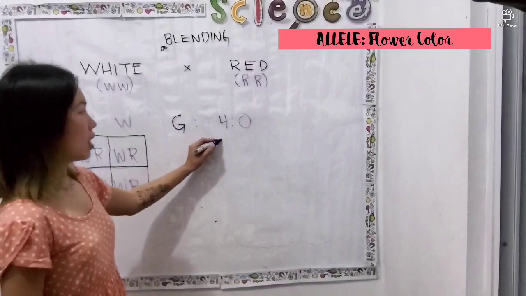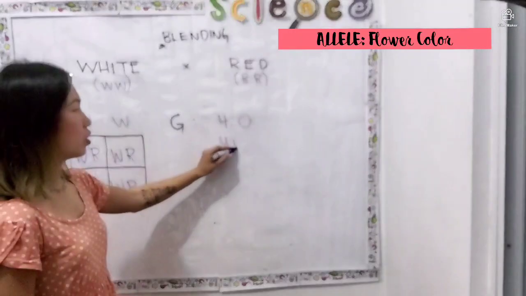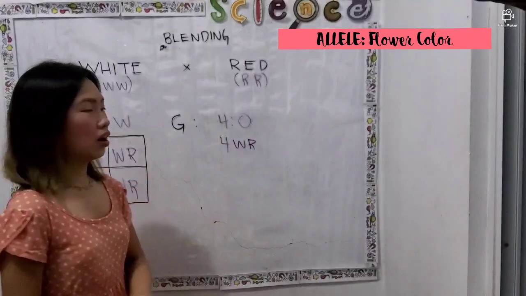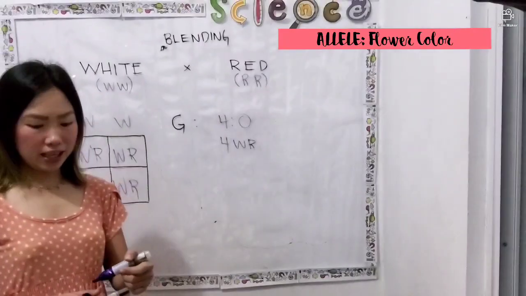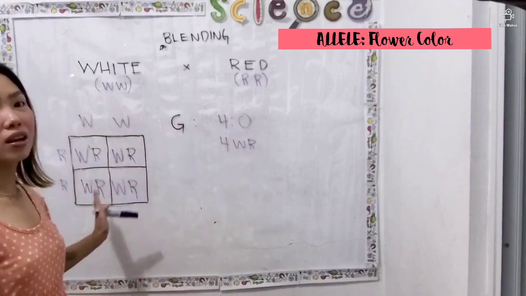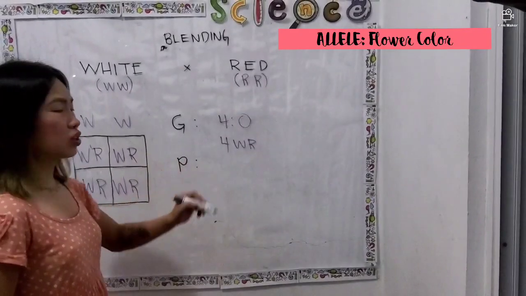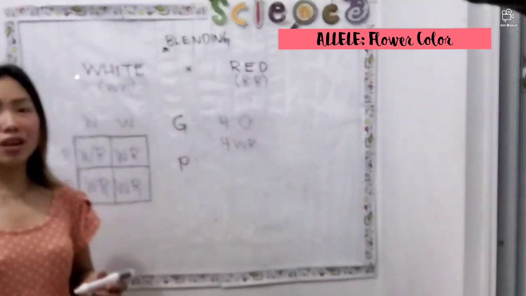Then, lagyan natin ng pangalan. We have 4 W R. Meron tayong 4 na klaseng W R for our Punnett square. Then, after that, we have our phenotypic ratio.